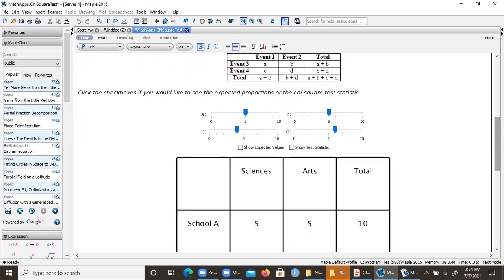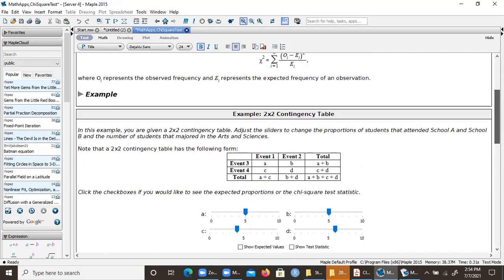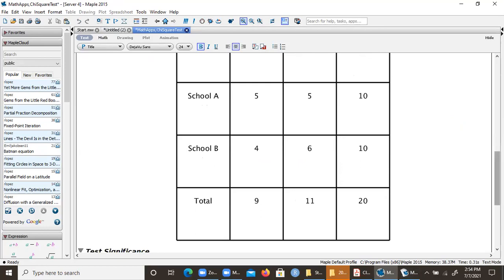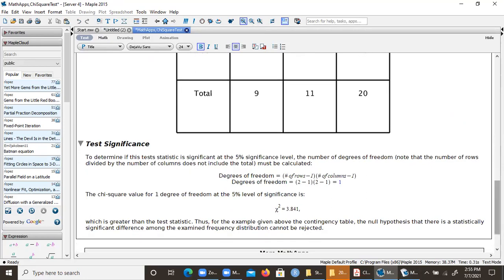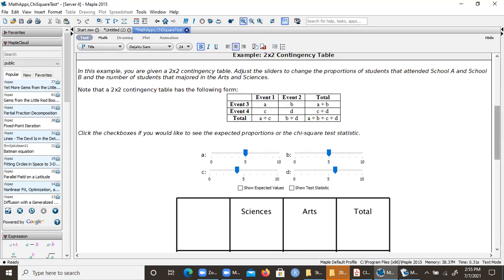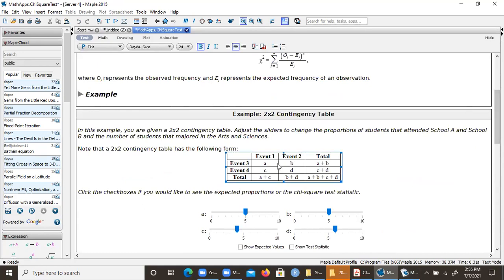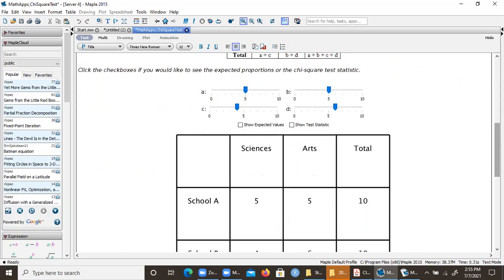They have shown the calculation. You see, can I change it? I don't know. These are not changing. The contingency table operation they have not shown.